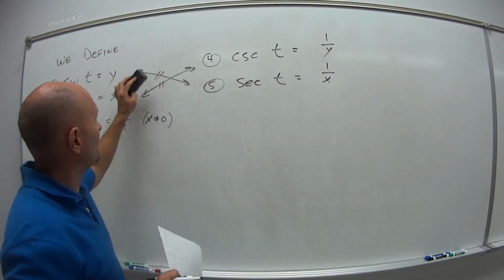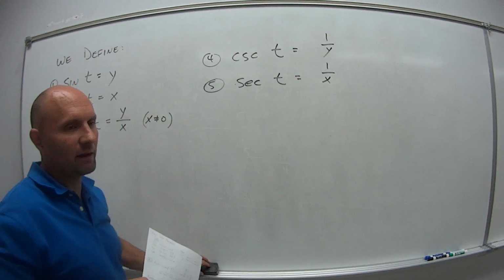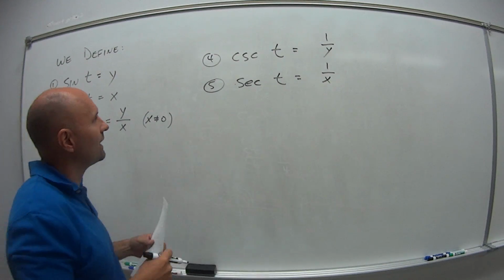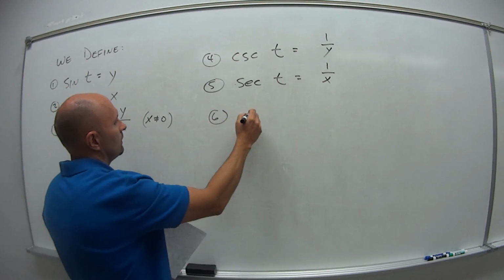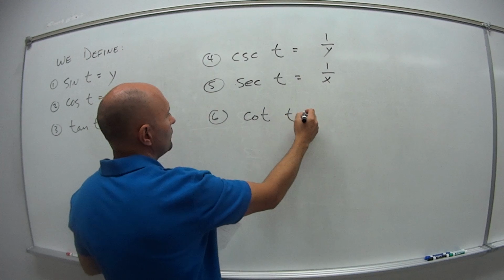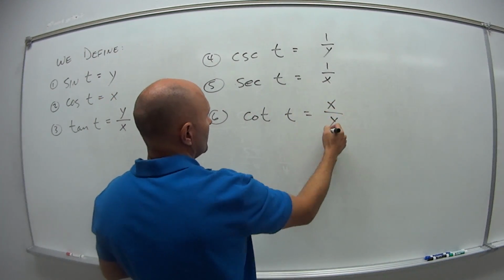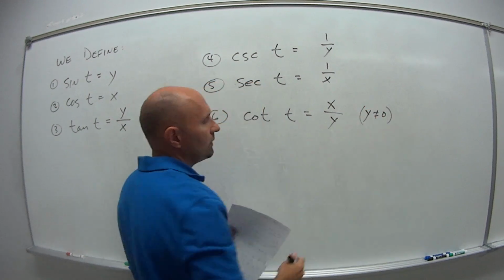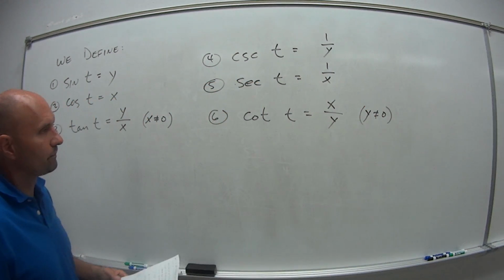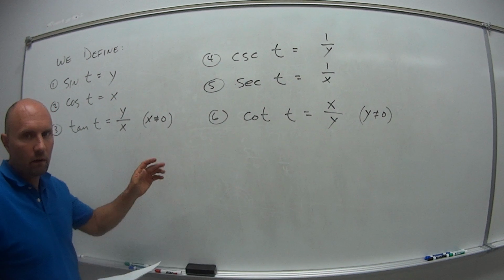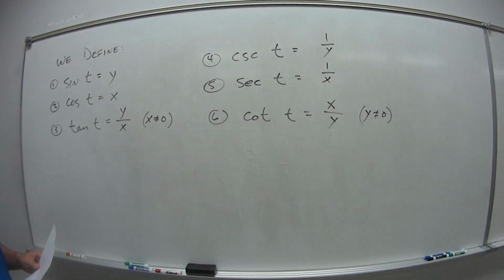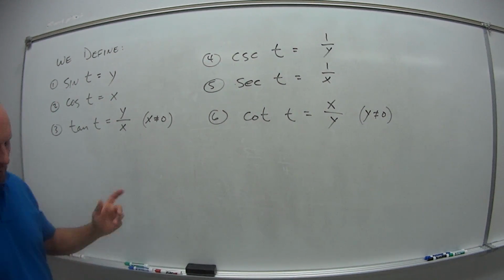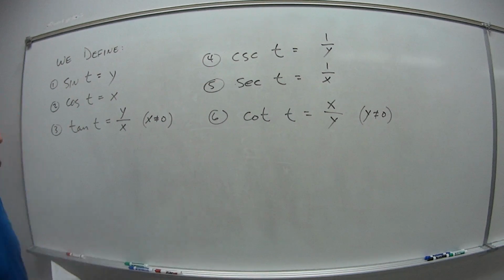Don't try to match them up because they sound similar, have the same letters. If anything, think the opposite. And then lastly, cotangent of t is x over y. In this case, y cannot be 0 because it's in the denominator. Go ahead, pause, get these copied down if you need to, and then we'll go into an example.